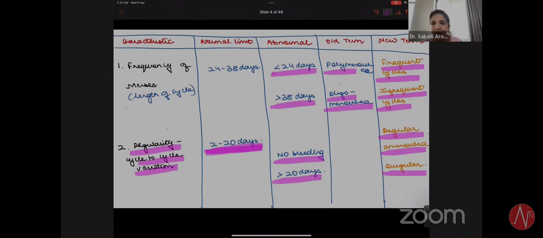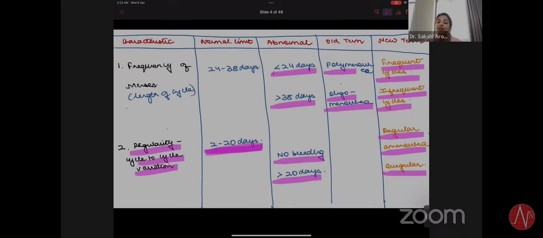Are you understanding this? So stop saying, जैसे ही मैं question पूछती हूँ, ये मैं किसी पेशेंट से भी पूछूं ना कि तुम्हारी साइकिल्स रेगुलर है, पेशेंट क्या कहेगा? नहीं नहीं मैम, कभी 3 दिन पहले आती है, कभी 4 दिन बाद में आती है. 2 to 20 days is a normal variation.